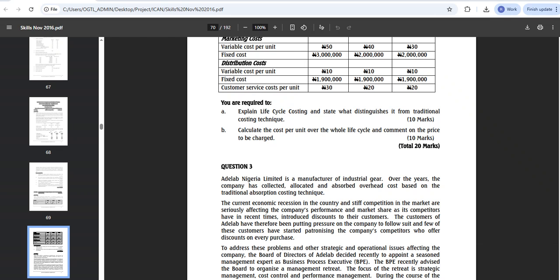Then for the maturity stage, you said sales is constant. Then for the withdrawal, the sales start to fall. Then the benefits, you said it guarantees decision making, it reduces break even point.